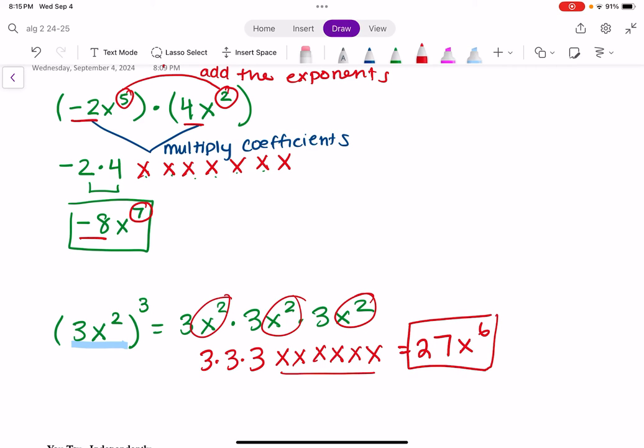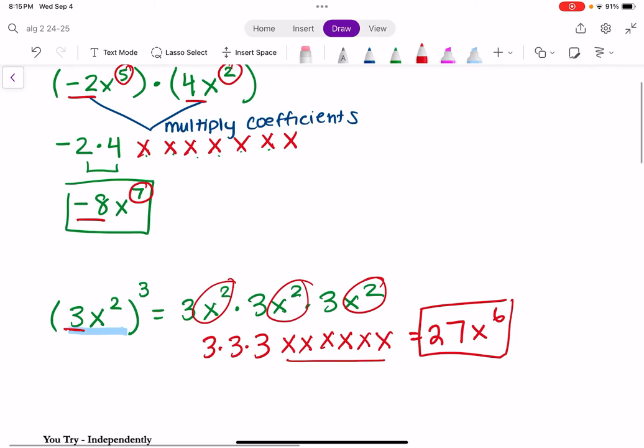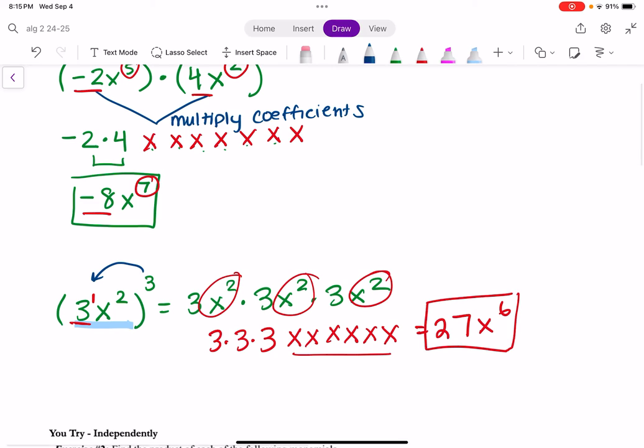But again, it's kind of a lot of work to write all of that out. So here's the little rule. Now, this is the part that people mess up on. This 3 over here actually has its own invisible exponent. So the first thing you have to do is put the invisible exponent. Now what we're going to do is we distribute the exponent on the outside to the exponents on the inside. So we're distributing, meaning we're going to multiply, right?